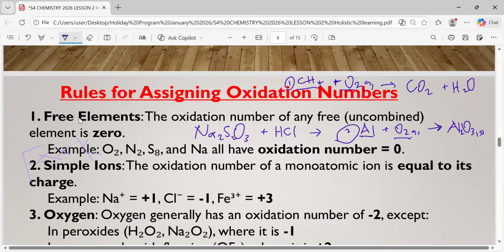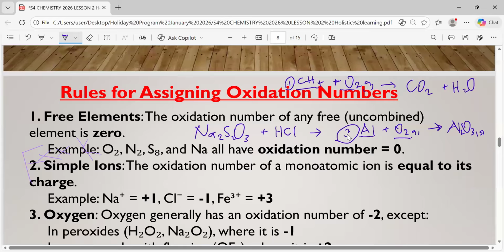So when you say free elements, I want us to identify free elements in these two equations, number 1 and number 2. They're saying that the oxidation number of any free or uncombined element is 0. So look at the reactants for equation 1 and equation 2.